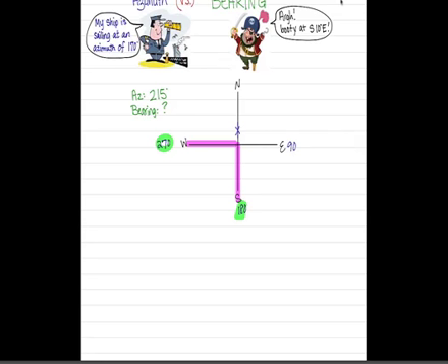How you'll figure this out is 215 minus 180, so you can find that difference from that line. 215 minus 180 will give you 35 degrees. So from this south line, it goes out 35 degrees.